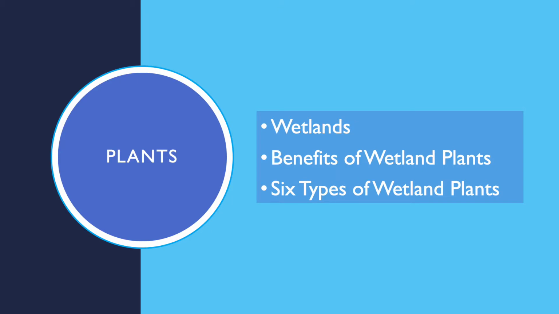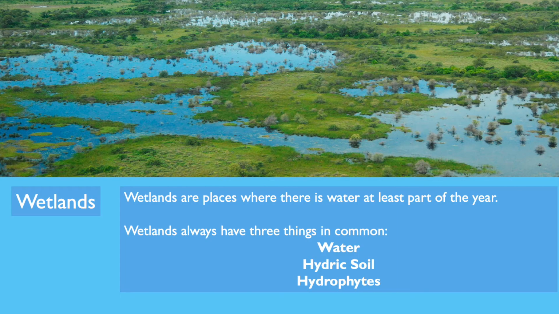In this presentation, we are going to discuss wetlands, wetland plants and adaptations, and 6 different types of wetland plants. Wetlands are places where there is water at least part of the year, with special soils called hydric soil, and specially adapted water-loving plants called hydrophytes that live there.